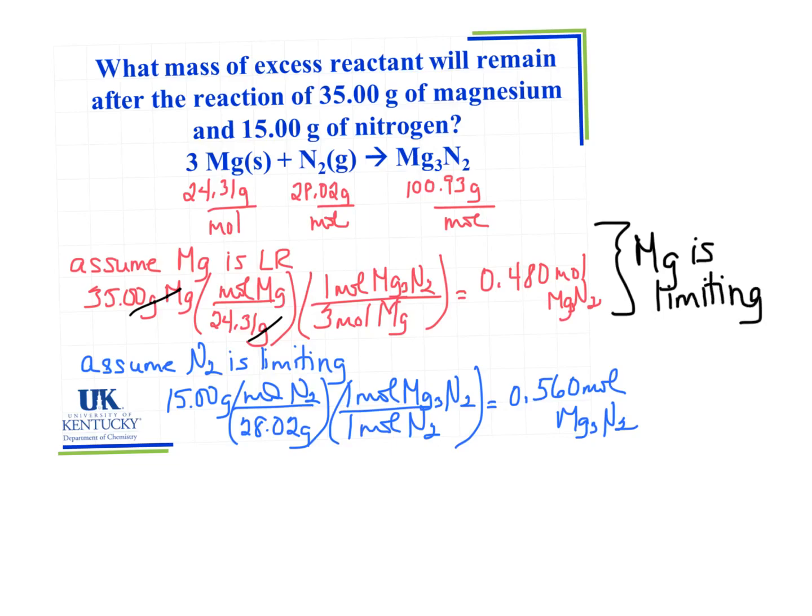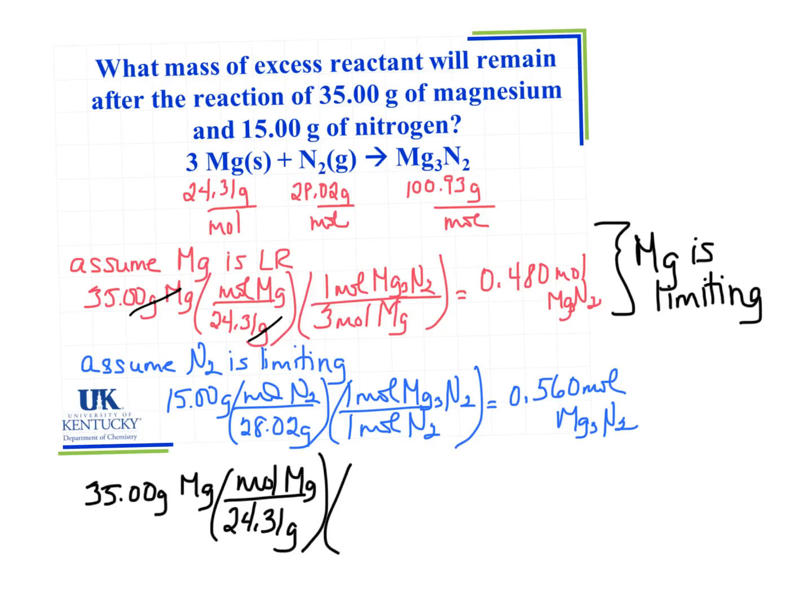So now what I need to figure out is how much nitrogen I need to react with 35 grams of magnesium. I start with my 35 grams of magnesium and again use my molar mass, 24.31 grams per mole of magnesium. Now, instead of looking at the relationship between magnesium and magnesium nitride, I'm going to look at the relationship between magnesium and nitrogen, which is 3 moles of magnesium for 1 mole of nitrogen.